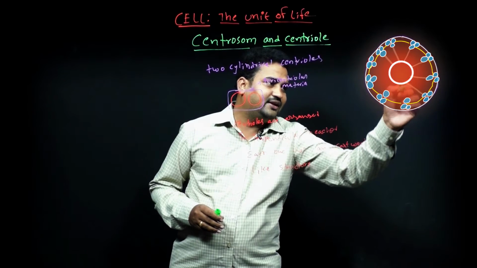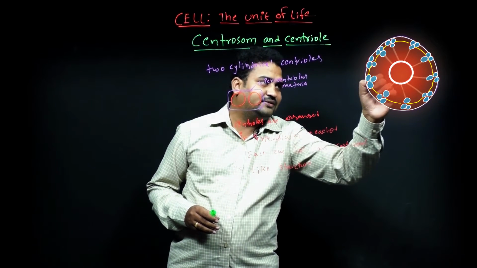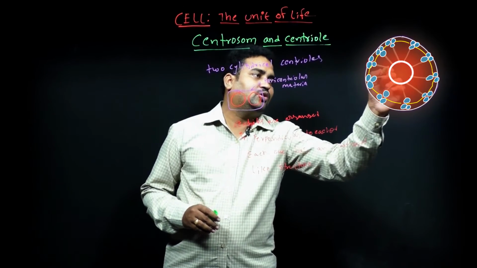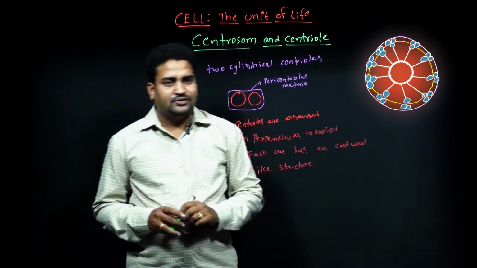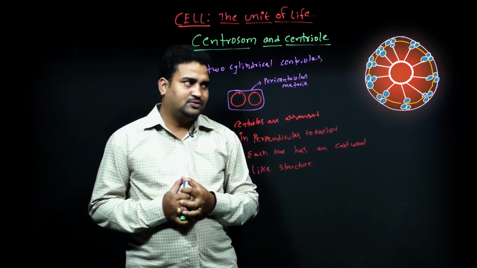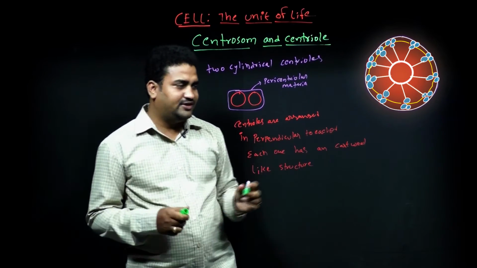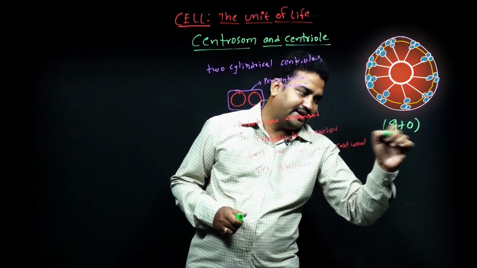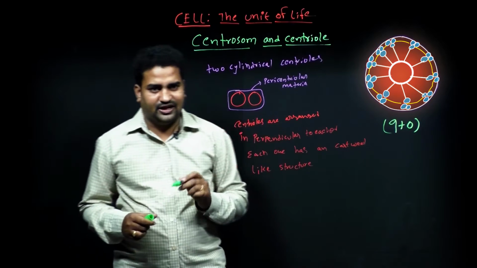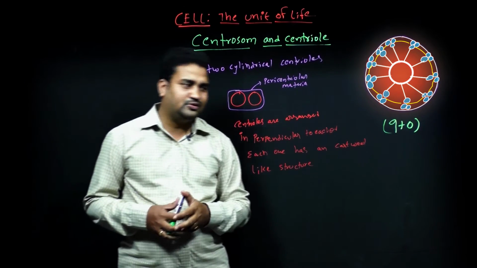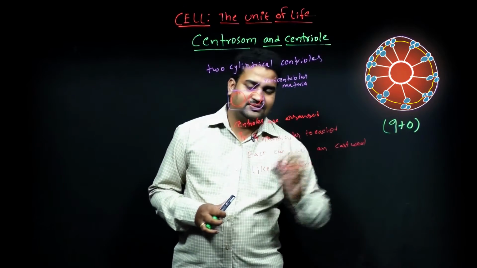So these are the proteinaceous radial spokes, connecting to the central hub. This type of arrangement is known as 9+0 array. Why is it called a 9+0 array? Because the central microtubules are absent in this.